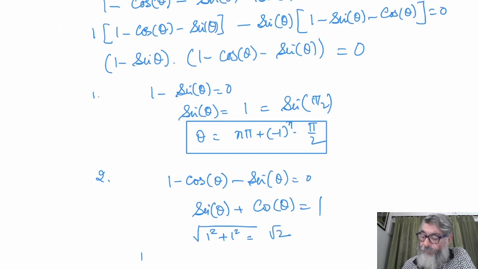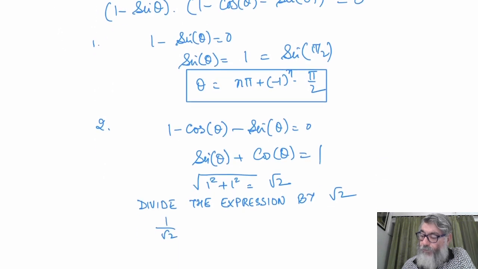Divide the expression by under root 2. 1 upon root 2 sine theta plus 1 by root 2 cos theta is equal to 1 upon root 2.